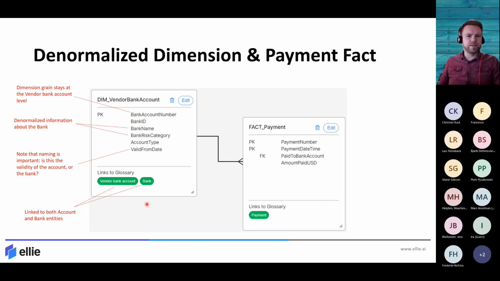A risk here is that we end up with something that is not very easy to interpret, and an example of that can be found here. If we use an attribute called valid from date in this dimension, it is not immediately obvious: is it the validity date of the bank account or the bank?